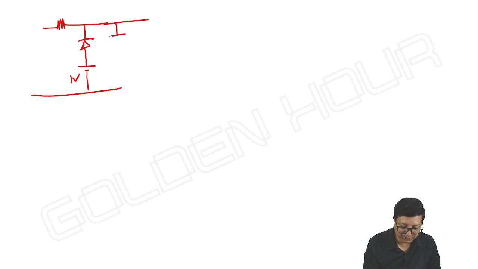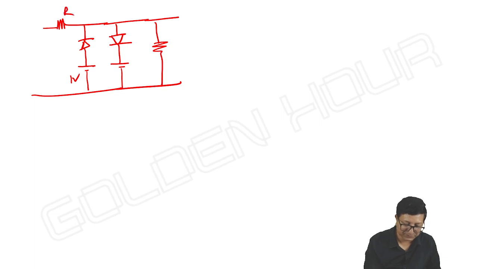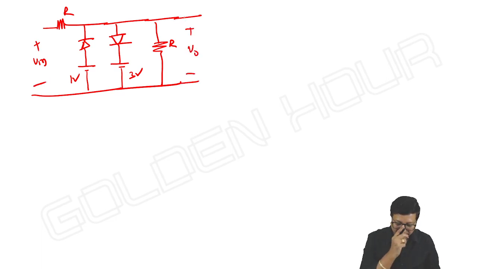Okay, there we can understand, suppose I take the same circuit. Let me write these values first. Input is greater than 1 volt or less than the breakpoint we have seen.